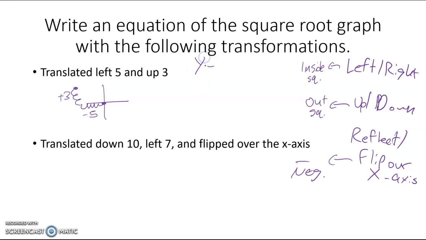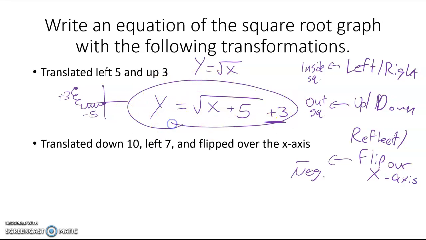If I take my original equation, y equals square root of x, left 5 falls into left or right, so it goes on the inside with my x: x minus 5 turns into x plus 5. Then up 3 goes on the outside, plus 3, since up or down stays the same. And it doesn't flip over, so that's the equation right there. Those are the 8.4 notes. Thank you for watching.